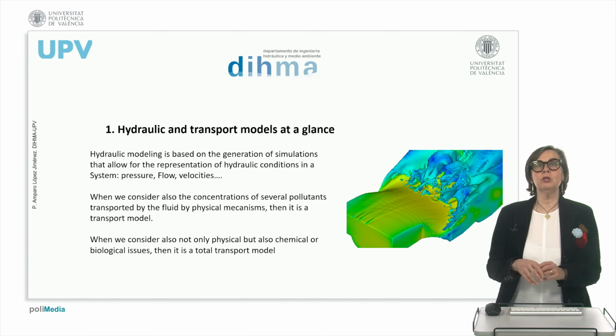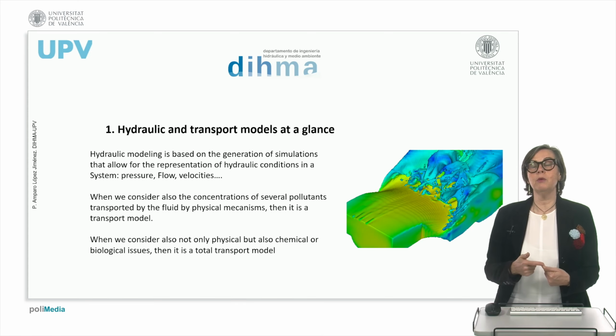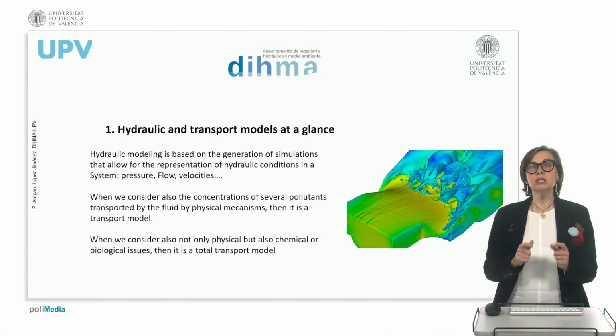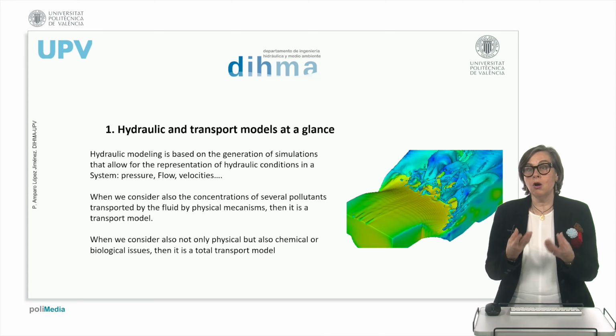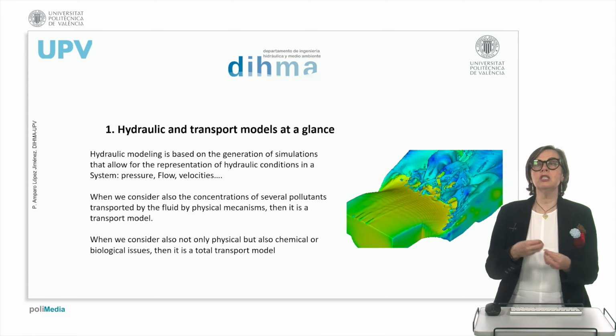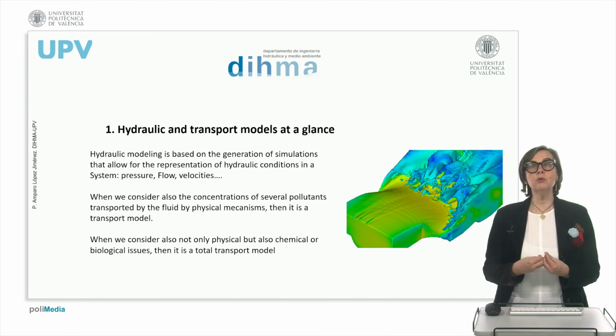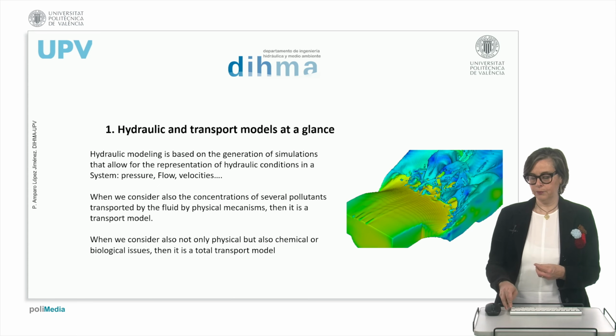In terms of computational models, we can also introduce the concentrations of several pollutants, and then we have a transport model. If we also consider the kinetics of this transport inside or along the flow with biological and chemical interactions, then we have a full transport model.